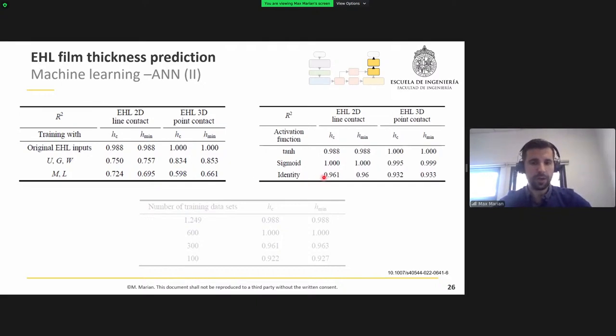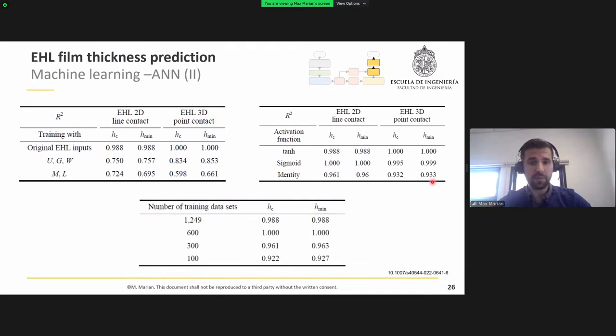Please note that the output and propagation function were kept constant, and only the activation function was varied. And here we can see that the sigmoid and the hyperbolic tangent function both led to R-square values beyond 0.99, while the linear identity resulted in slightly downgraded prediction quality.